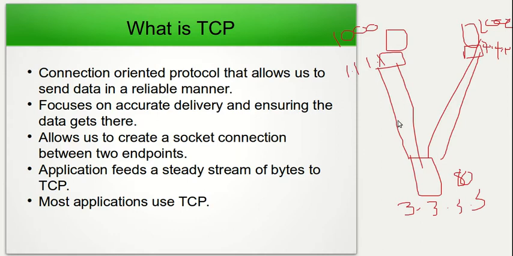The socket for this connection would be source IP address 1.1.1.1, destination IP 3.3.3.3, source port of 1000, destination port of 80, and protocol type of TCP. The socket for this connection would be source IP 4.4.4.4, destination IP 3.3.3.3, source port 2000, destination port 80, and protocol type TCP. So as you can see, by using a socket, we can uniquely identify each TCP connection.